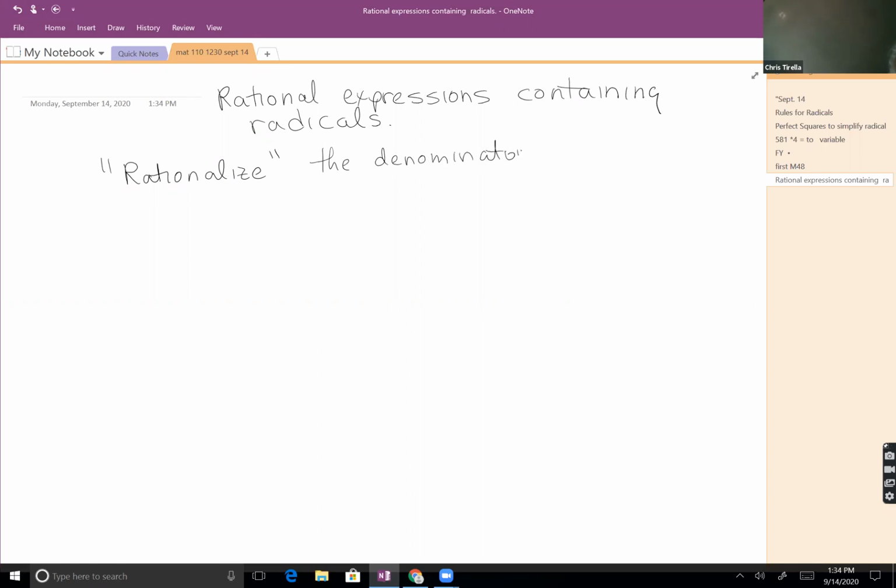Which means that the denominator has to be a rational number, or it means that we want no radical left in the denominator. And also no fraction under the radical.